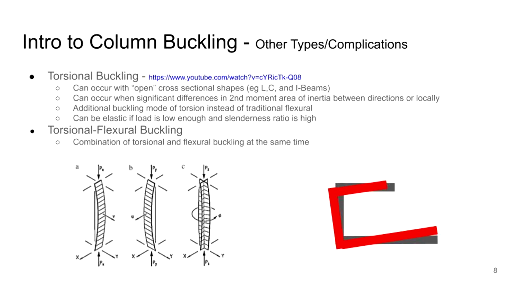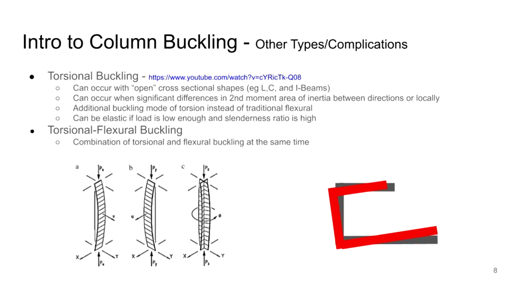This can occur generally with open cross-sectional shapes like L, C, and I-beams, especially if the shape is non-symmetric, like this weird C-beam I made down on the bottom right, where the bottom horizontal is much longer than the top horizontal. And what that does is it creates a major difference in the second moment of inertia in the various axes as well as locally.